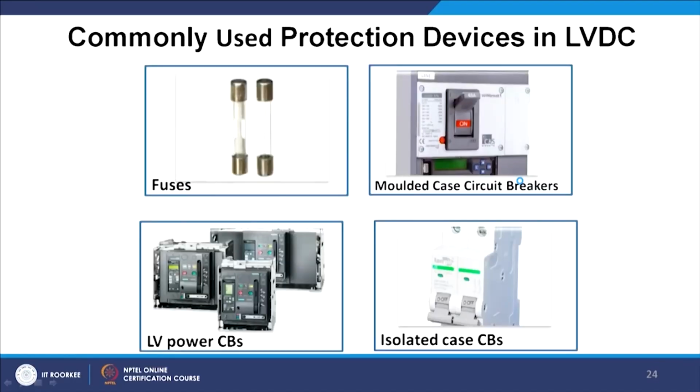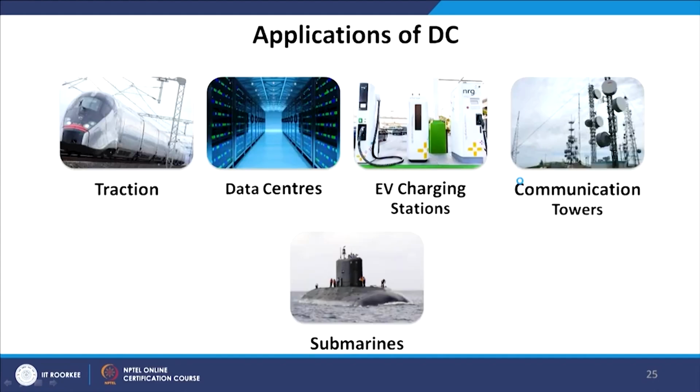Now, the commonly used protections for DC technology are fuses, circuit breakers, LV power circuit breakers and isolated case circuit breakers. And the applications of DC microgrid could mainly be traction, data center, EV charging stations, communication towers and submarines. All five are very, very important applications.